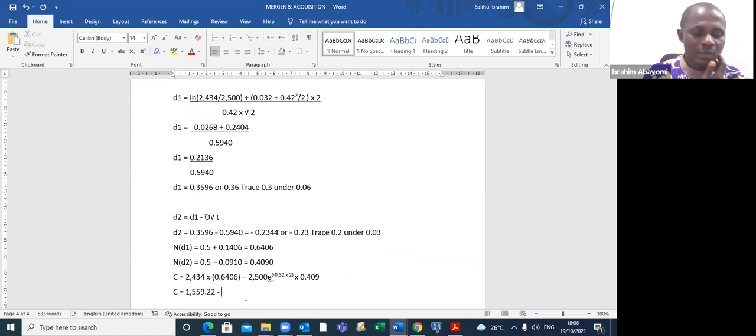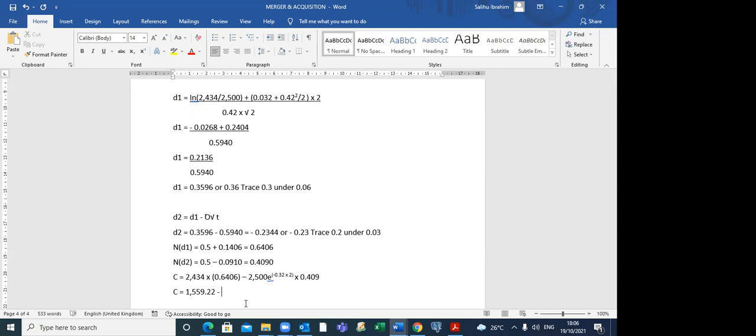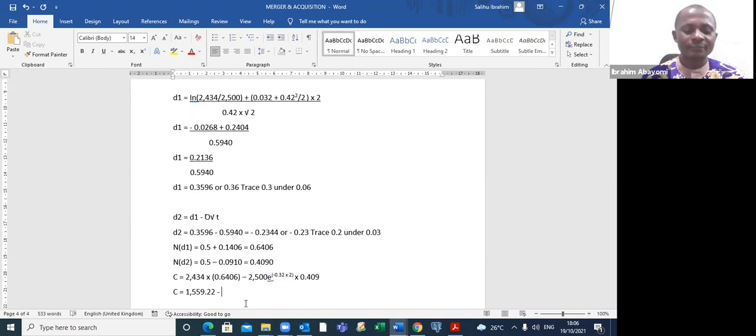Then, on the top left corner of your calculator, you will see shift written in yellow ink. You see shift? Are you with me? Yes, sir. Okay. Press that shift. When you are done with the shift, go to where you have ln, press that ln, you see that E will appear.